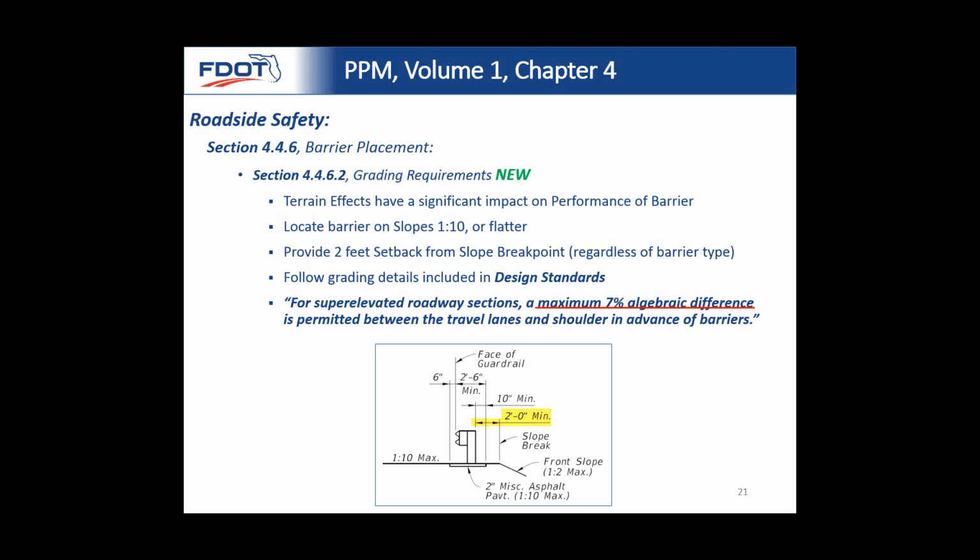That is our RRR requirement for allowable algebraic differences anyways, but we want to highlight it in this chapter so people understand the importance that it plays in barrier performance. If you start exceeding that algebraic difference, then just like with curbs, you start affecting the behavior of the vehicle as it departs the roadway, and its trajectory changes enough that that barrier will no longer perform as it's intended.